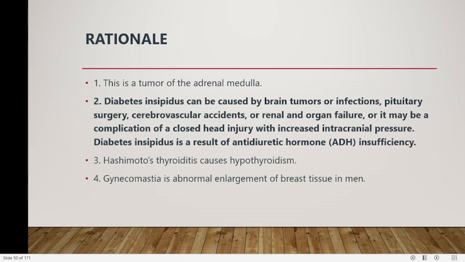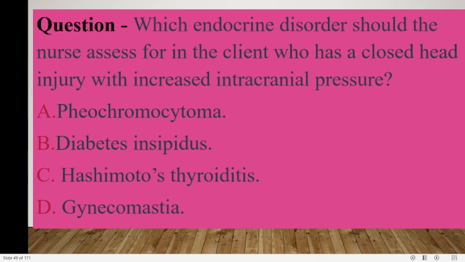Diabetes insipidus can be caused by a brain tumor or infections, pituitary surgery, cerebral vascular accident, renal and organ failure, or it may be a complication of head injury with increased intracranial pressure. Diabetes insipidus is a rare antidiuretic hormone insufficiency. Hashimoto's causes hypothyroidism. Gynecomastia is an enlargement of the male breast. Okay, great.